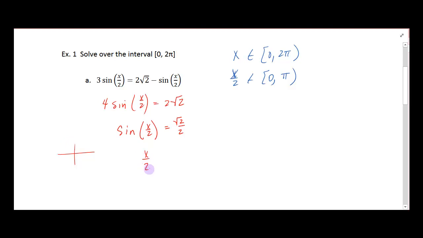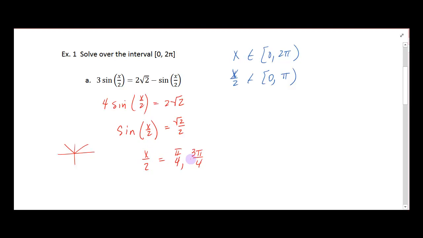So what angles are those? Those happen to be at pi over 4 for the first quadrant and 3 pi over 4 in the second quadrant. But since we're solving this for the angle x over 2, I just brought down my x over 2, giving me these values right here.